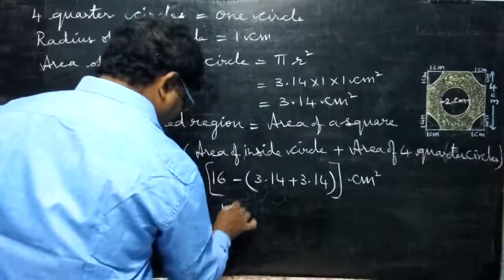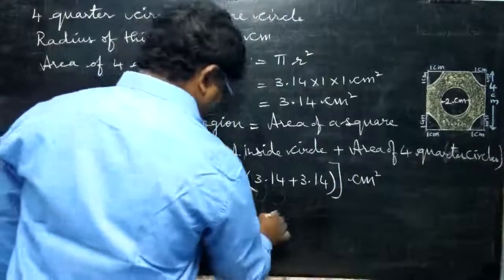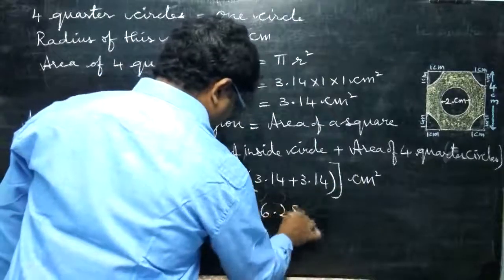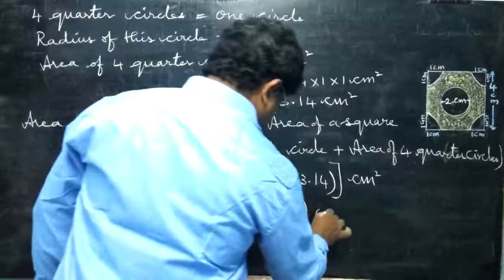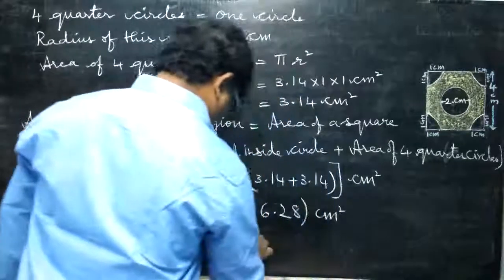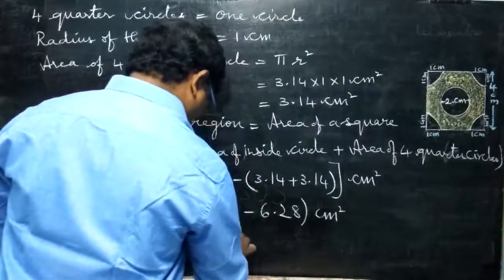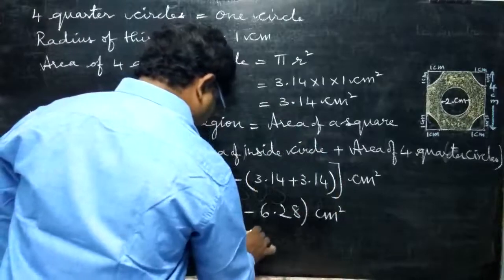That is 16 minus 6.28 square centimeters.